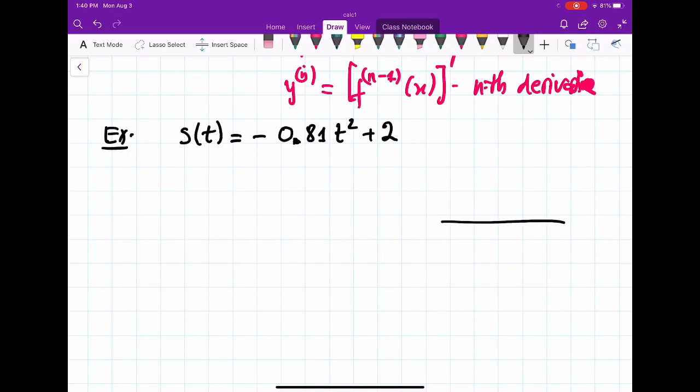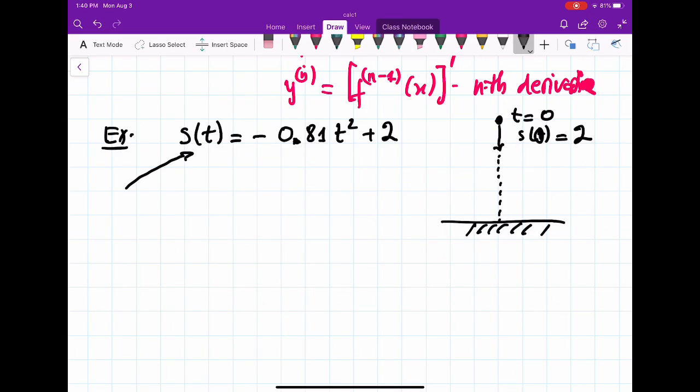Let's say you have some object that is falling down. When t is equal to 0, you have the highest height, which is 2, so s(0) is 2. Suppose that the position of that object is described by the function s(t).